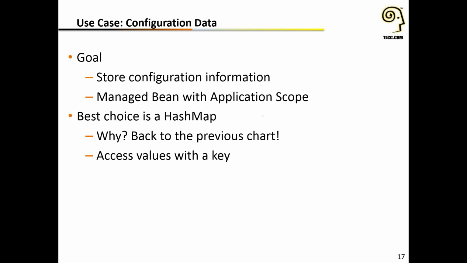We're going to make it have application scope, okay? Application scope means it's going to be shared by all the users, and the first time a user accesses an XPage that references this managed bean, it's going to load all this configuration information into memory. Well, it's in memory, so when your XPages access this information, it's going to be retrieved very, very fast.